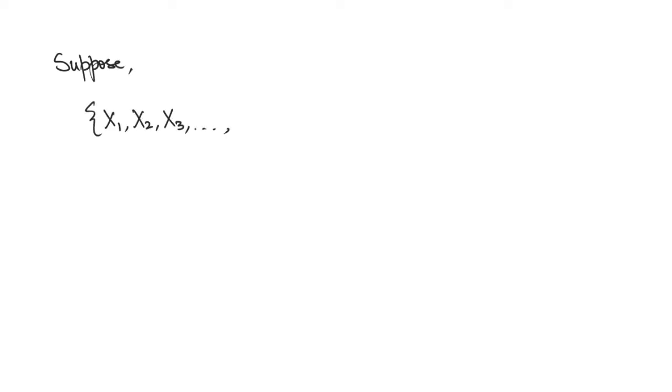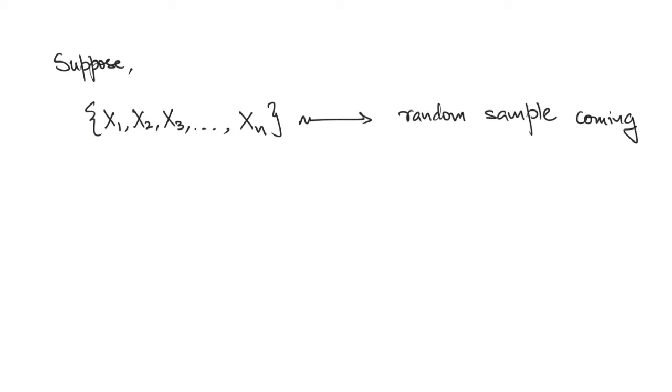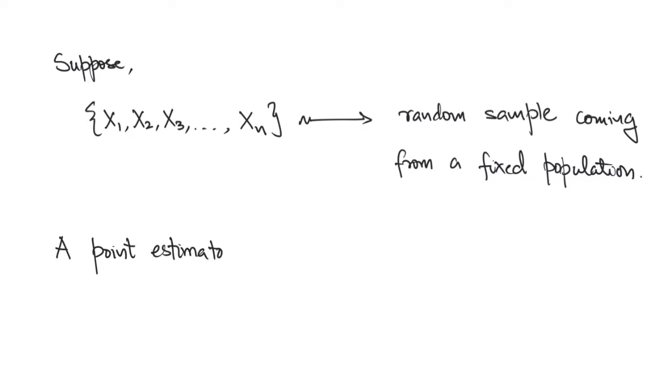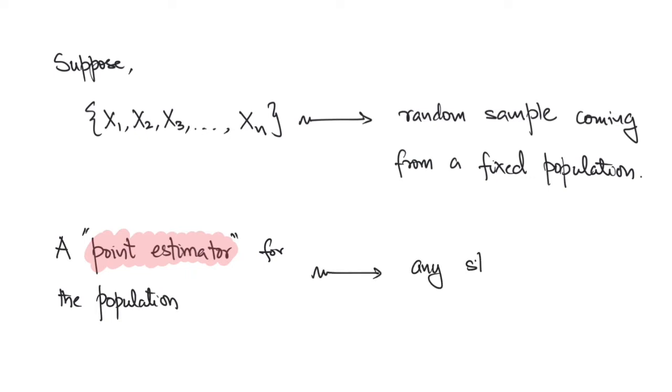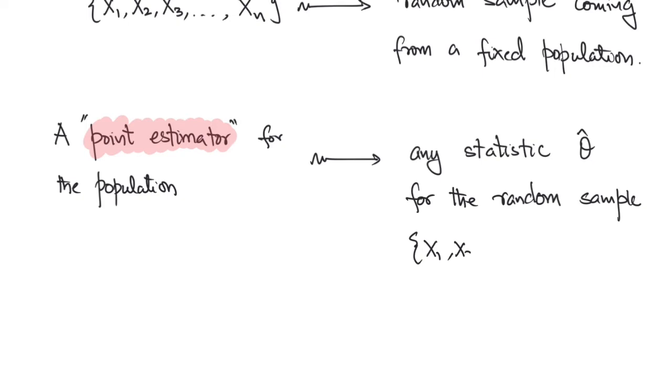So suppose we have random variables x1 through xn. This is a random sample coming from a fixed population. Then in this setting, a point estimator for the population parameter is going to be any statistic theta hat for the random sample x1, x2, x3, all the way up to xn.